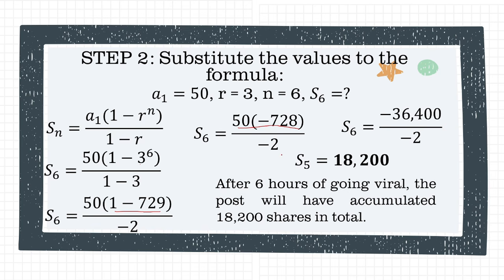So your answer will be 18,200 as your S of 6. That was just a typo. So after 6 hours of going viral, the post will have accumulated 18,200 shares in total.